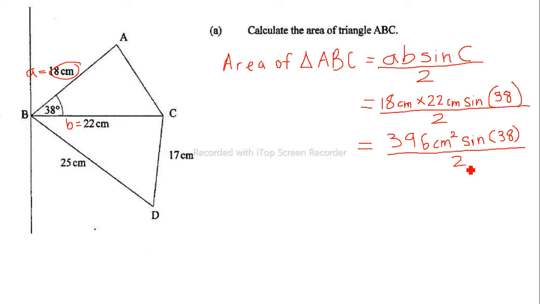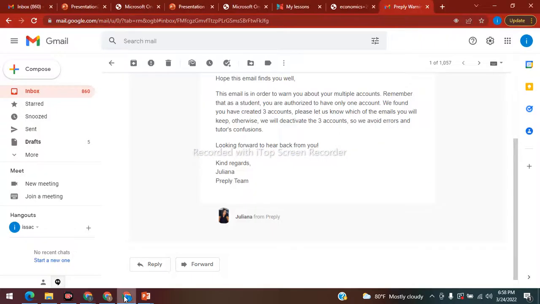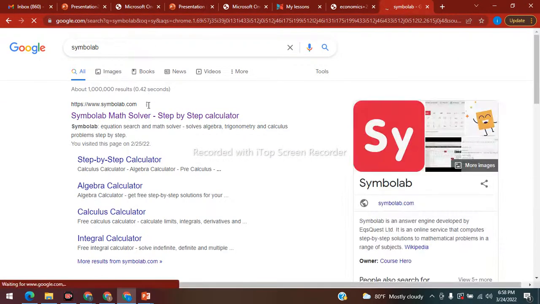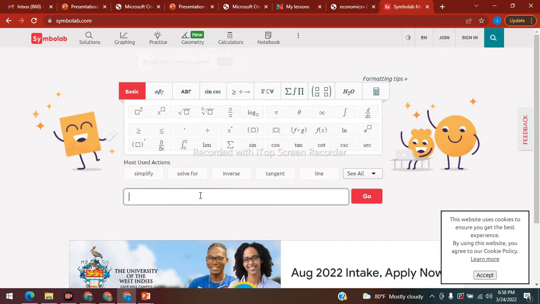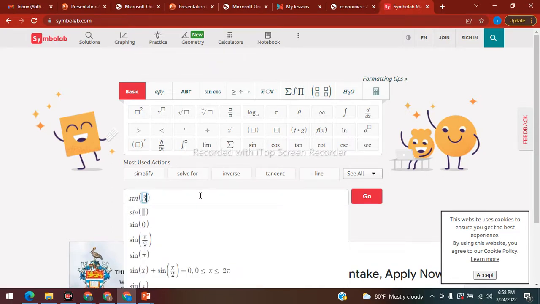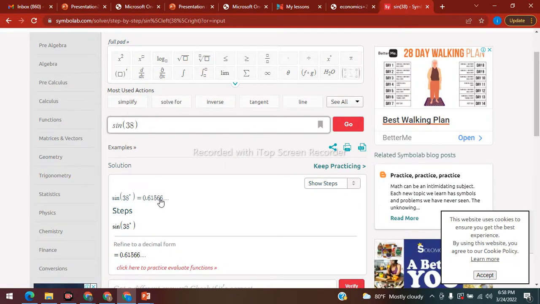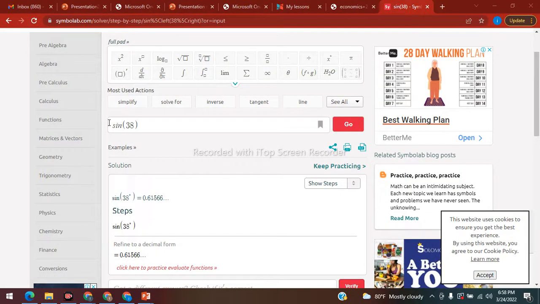Okay, so sine of 38 is about 0.6. Since I get a decimal, I'll just do it one time, so I'll just do 396.